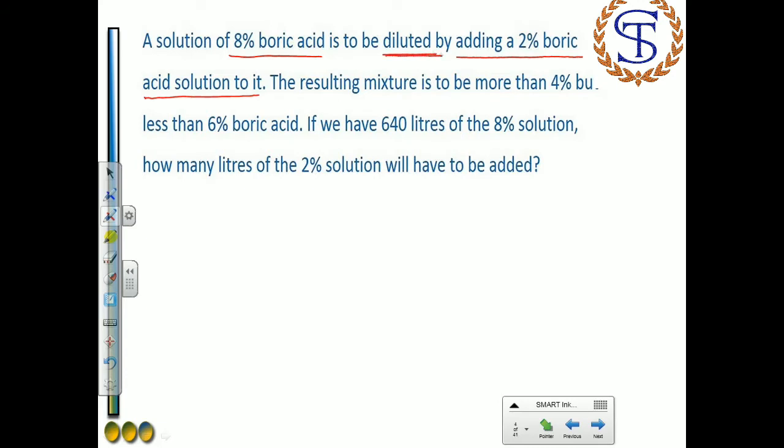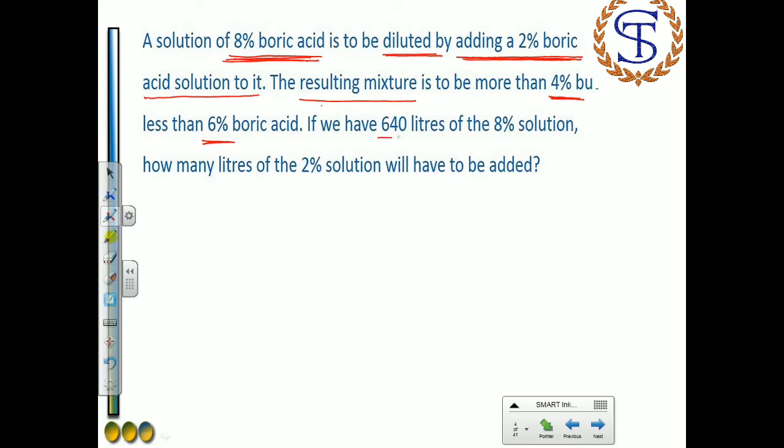Diluted means we want to add 2% boric acid solution to 8% boric acid solution, and the resulting mixture, meaning after the mixing of these two solutions, 2% boric acid and 8% boric acid, is more than 4% but less than 6%.